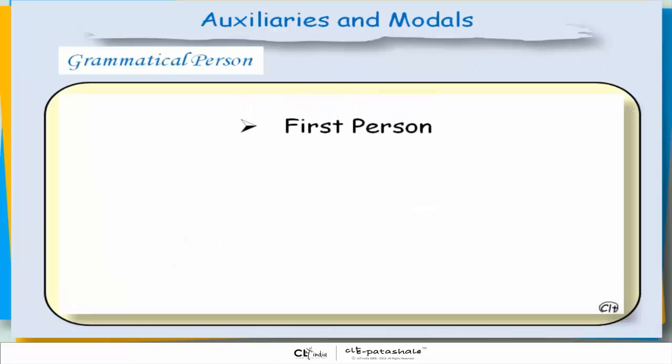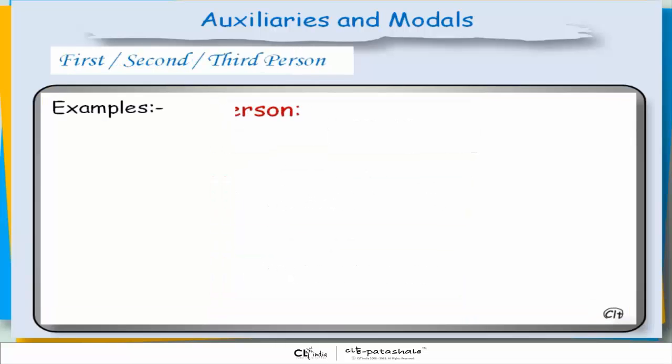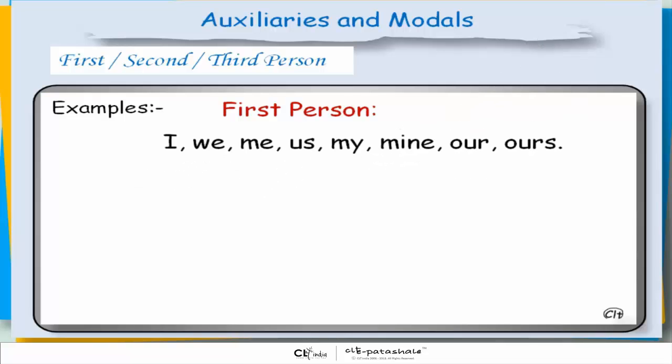Grammatical person. First person, second person and third person. For the first person we say I, we, me, us, my, mine, our and ours.